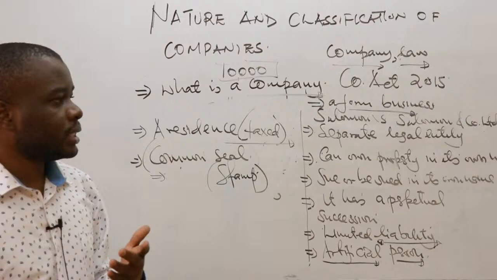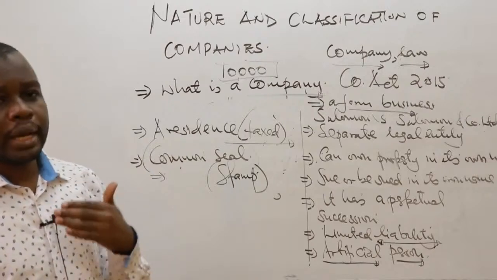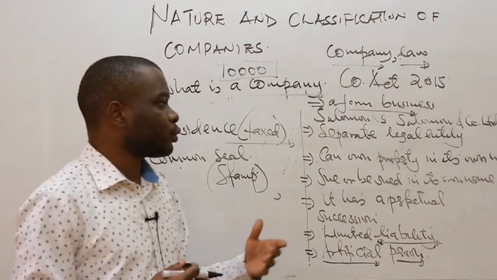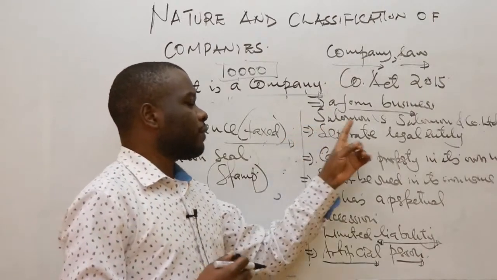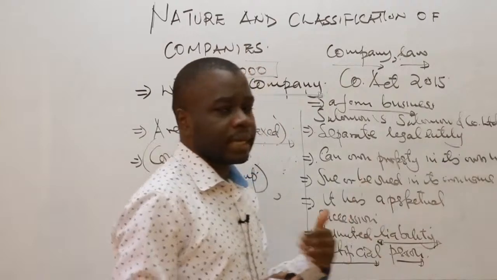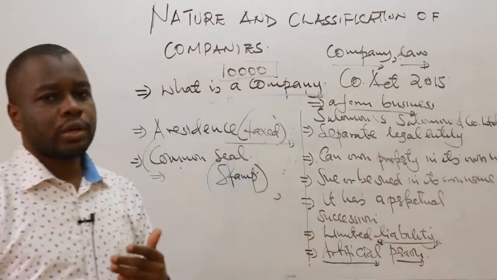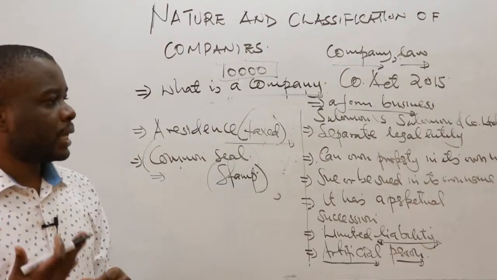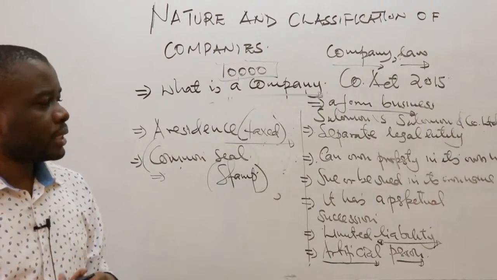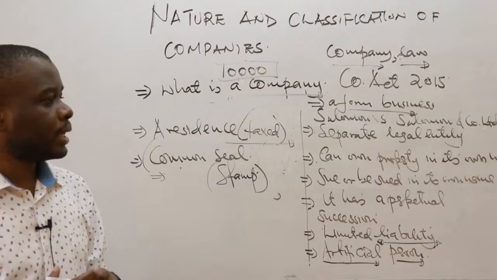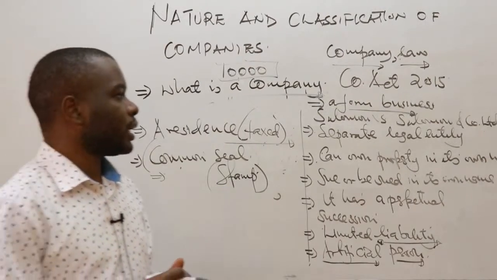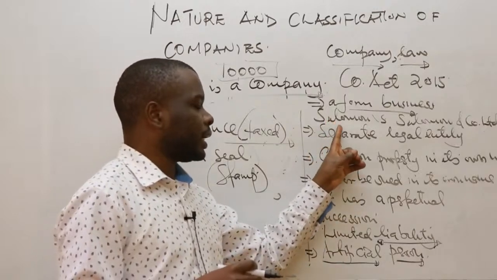And in our study, we make references to what are known as case laws. For example, what you just made reference to, Salomon versus Salomon and Company Limited, is a case law. A case law is a ruling that was made by a judge a long time ago that has set a precedent, and any person who wants to make a reference can refer to that particular ruling.